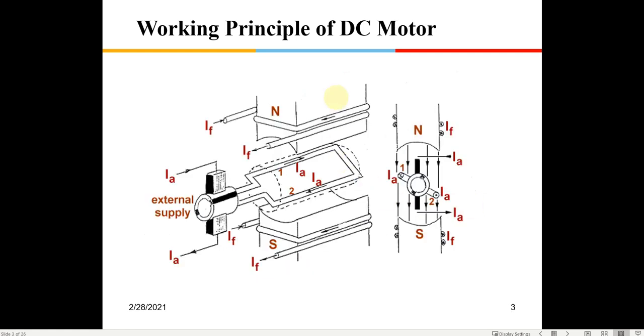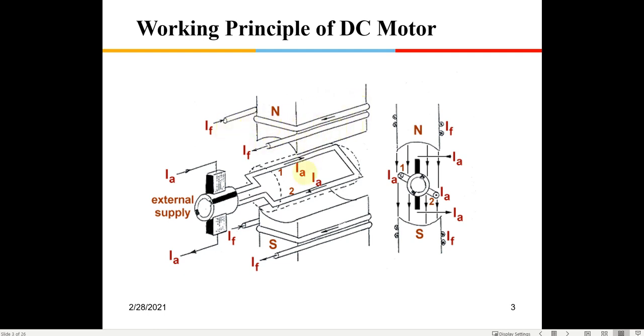Now in the DC motor, things are very similar. The only thing is that here we are going to pump electrical energy into the armature, and that causes the armature to rotate. So the input is electrical energy and the output is mechanical energy. Here you see two magnets placed. Not permanent magnets; generally this magnet is formed by field coils.